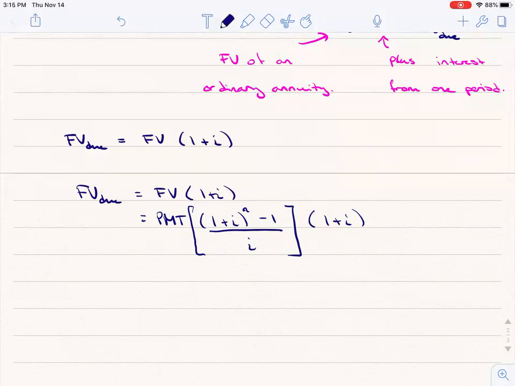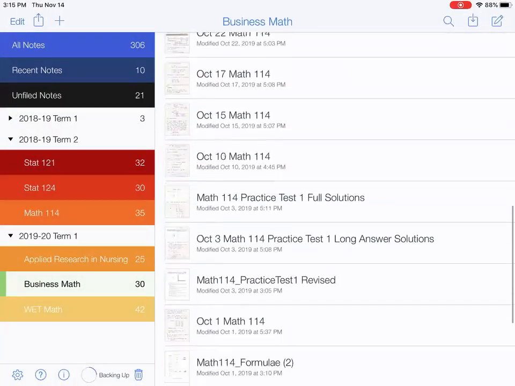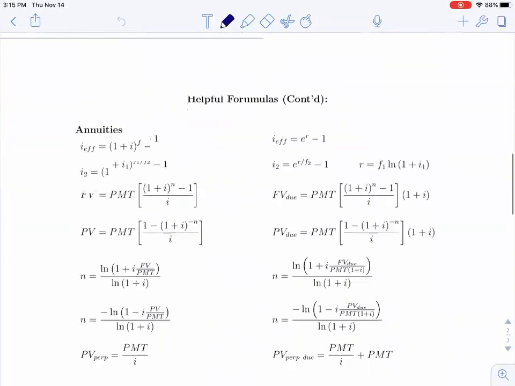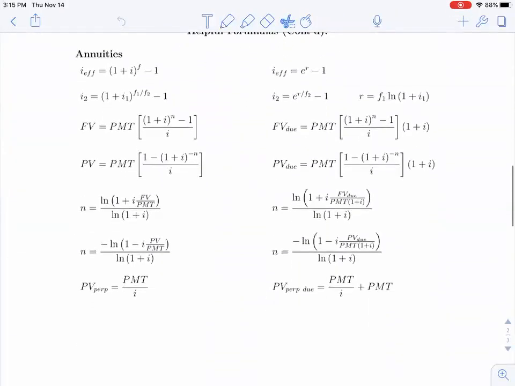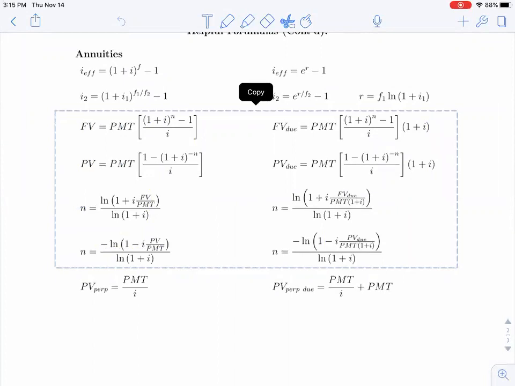Let's see if I've got the formula sheet somewhere here. Yeah, so we're on the back page, and we're really focusing on these 2 sections for now. Those last 2 formulas are perpetuities, and we'll get there at the end of today.